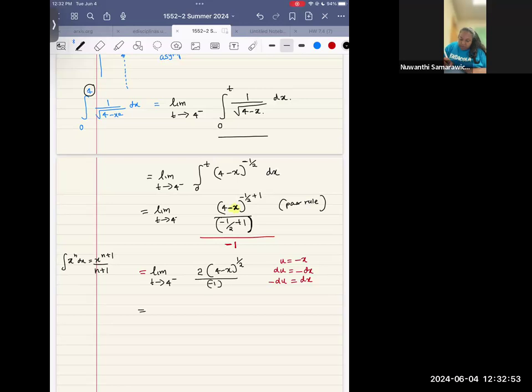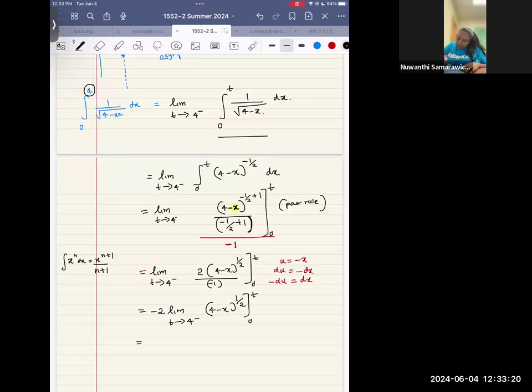So 2 divided by -1 is just -2, times the square root of 4 minus x. Don't forget, we forgot to write the limits 0 to t.